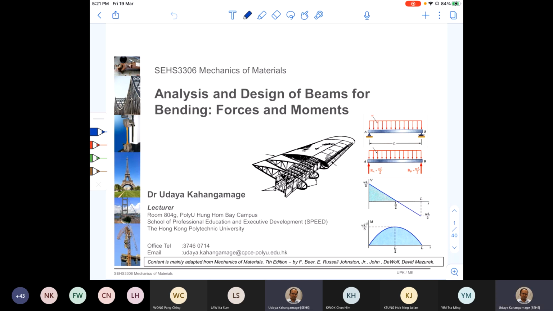All right. So today's lesson on this topic, the focus is to find out the internal forces and internal moments. In the pure bending case, we learned that there's only one internal load. There is a moment, right?